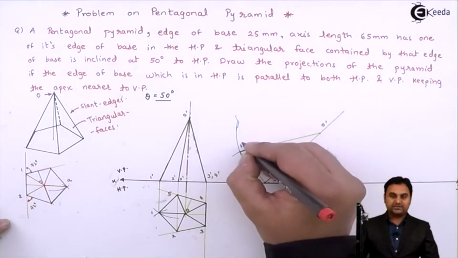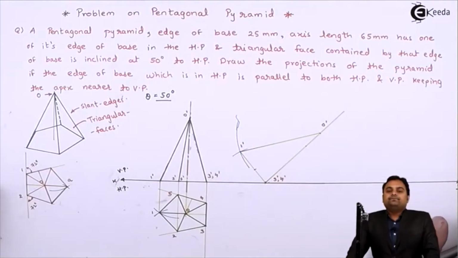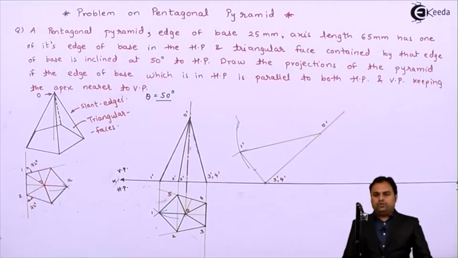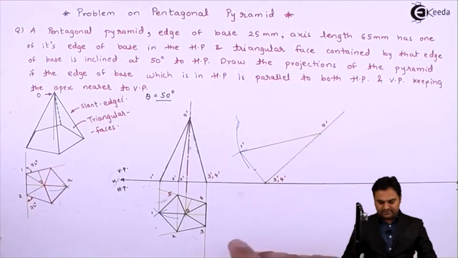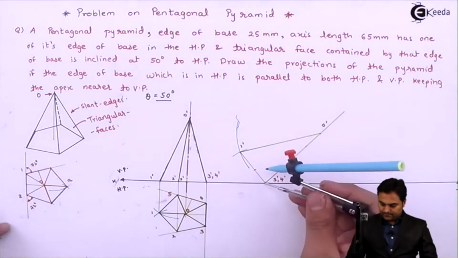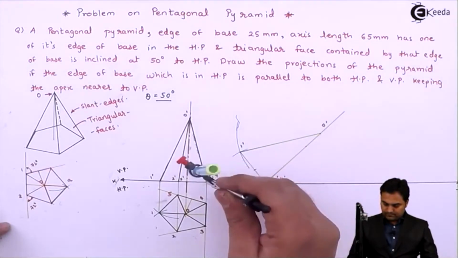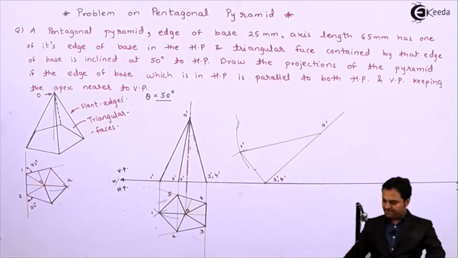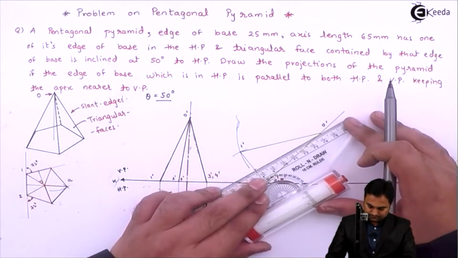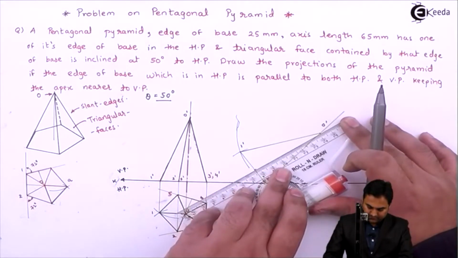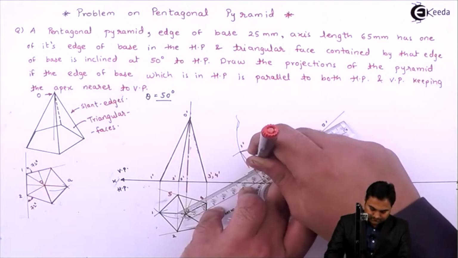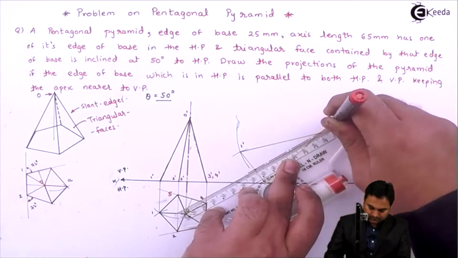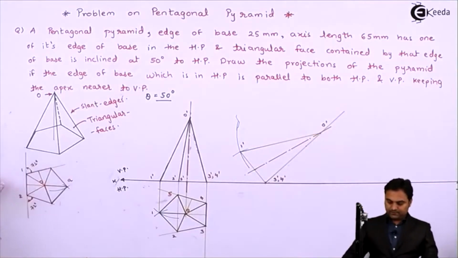Here we have 1 dash. So now here I'll join this point, and this is indicating the distance of apex. So connecting it with O dash will give me the apex.